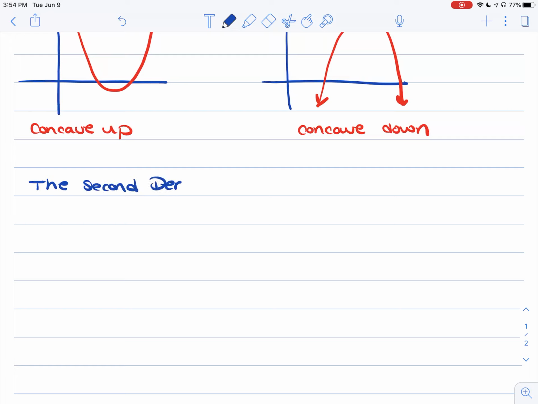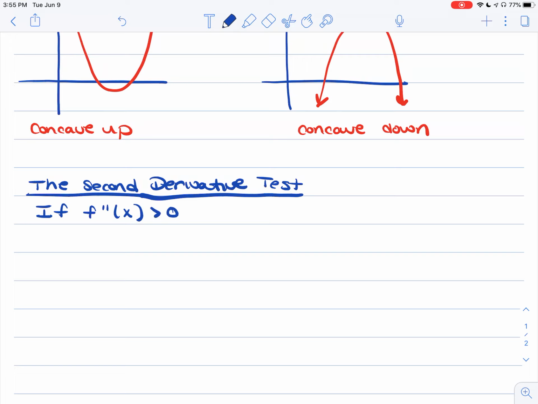Second derivative test. All right, so if f double prime of x, which is just the second derivative, is positive, then f of x is concave up.